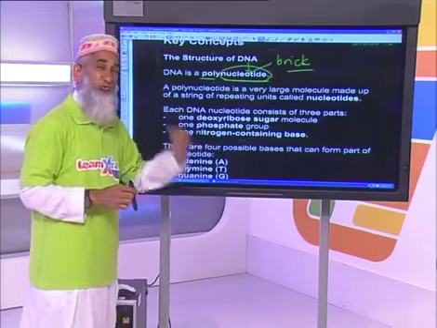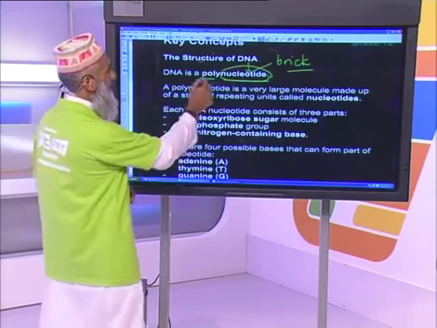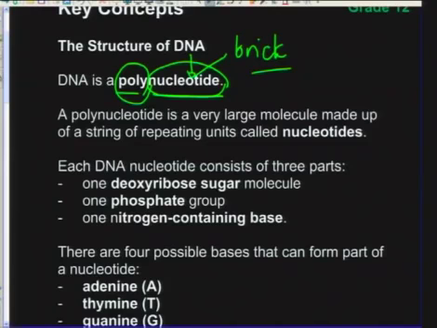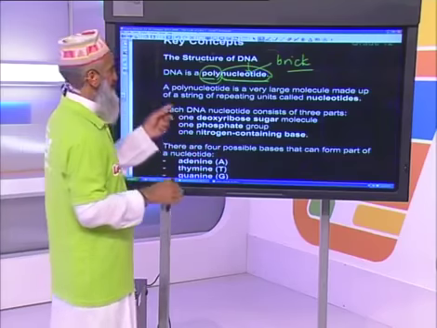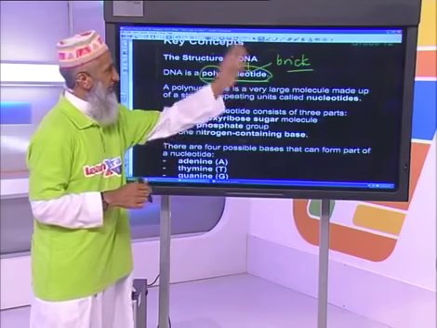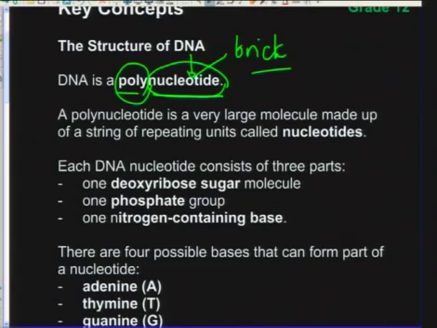Each one has its own sequence. So polynucleotide: poly means many. So many nucleotides. It means it's a large molecule. A polynucleotide is a very large molecule made up of a string of repeating units called nucleotides.